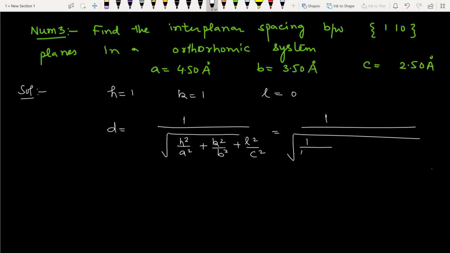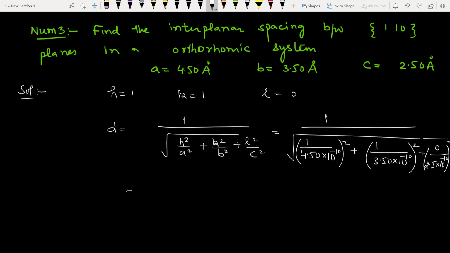That is, 1 divided by square root of 1 by 4.50 times 10 raised to power minus 10 square, plus 1 by 3.50 times 10 raised to power minus 10 square, plus 0 by 2.5 times 10 raised to power minus 10 square.